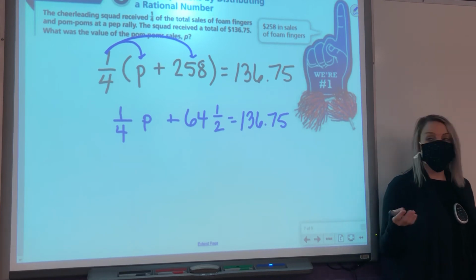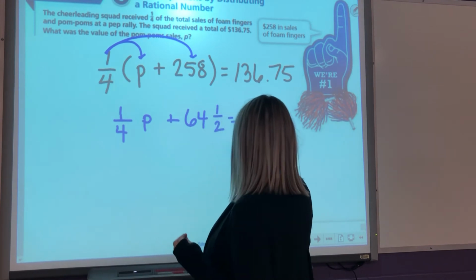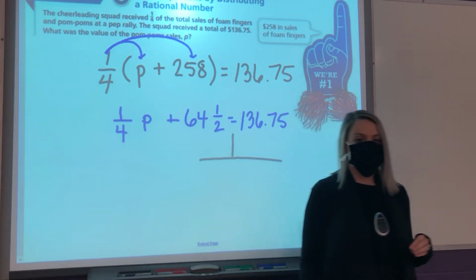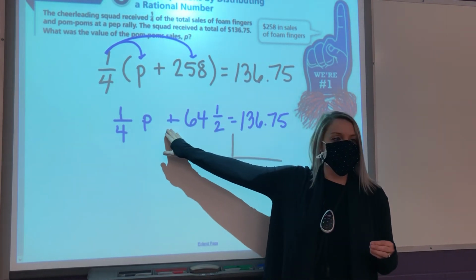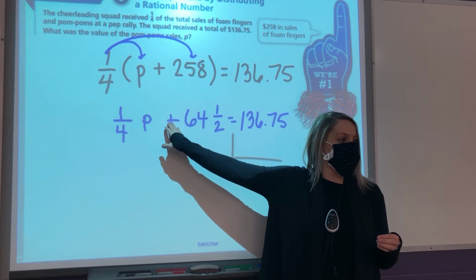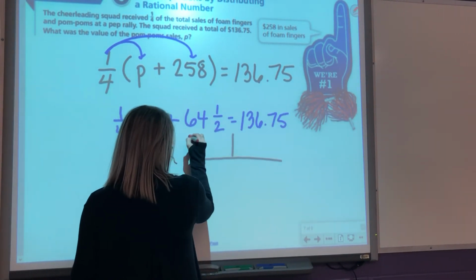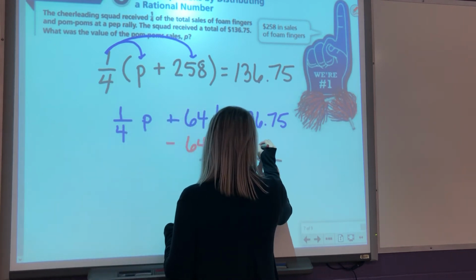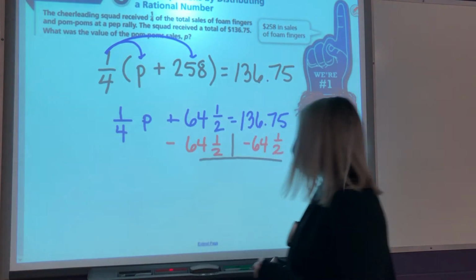No. We're still going to solve this as a two-step equation, so we're still going to draw our upside down T. 64 and a half is being added. What's the opposite of adding? Subtracting. So we can subtract 64 and a half from both sides.